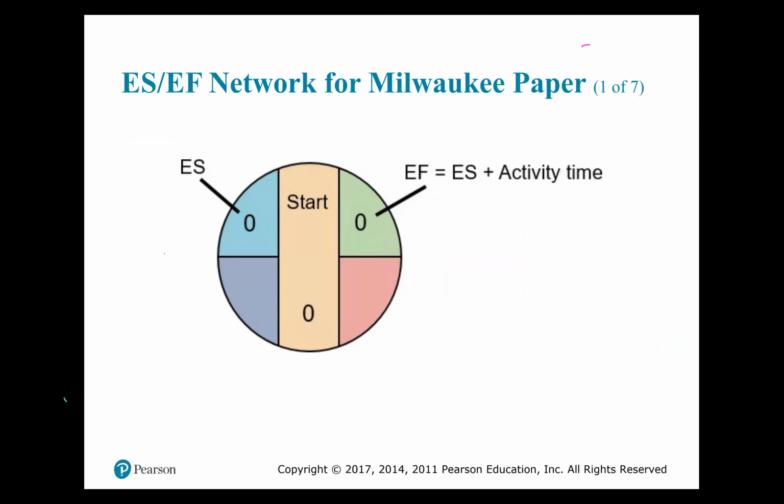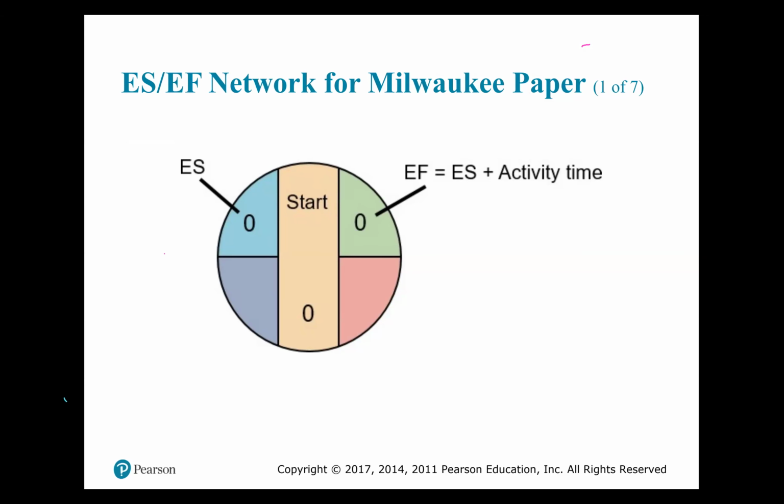Now again, it's just another view of the node, but this time beginning at the start node. The start node will have as its early start 0. So for every network, the early start of the start node will always be 0. The duration will always be 0.